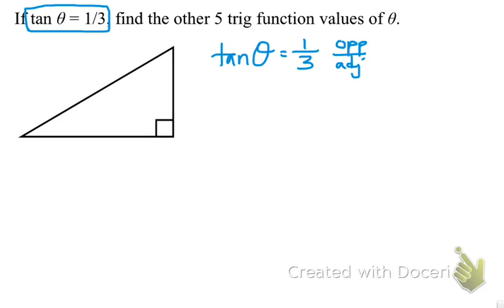Then we can create ourselves a right triangle where we call this angle theta, then the opposite side has a length of 1 and the adjacent side has a length of 3 because of the ratio given to us as the tangent.